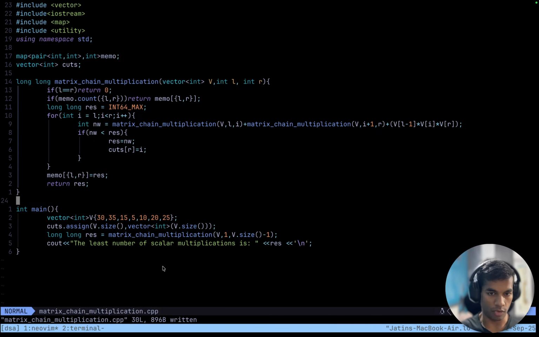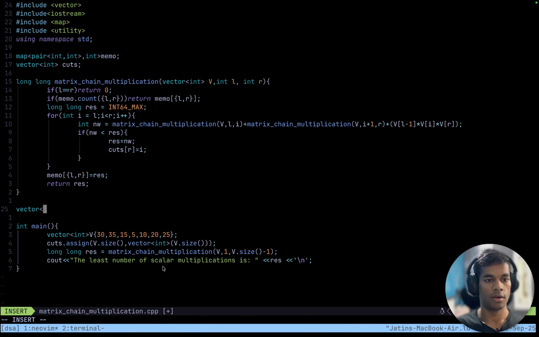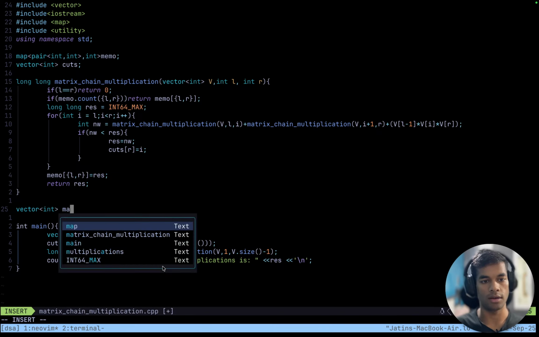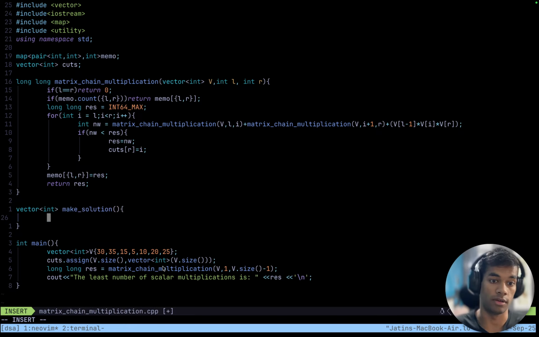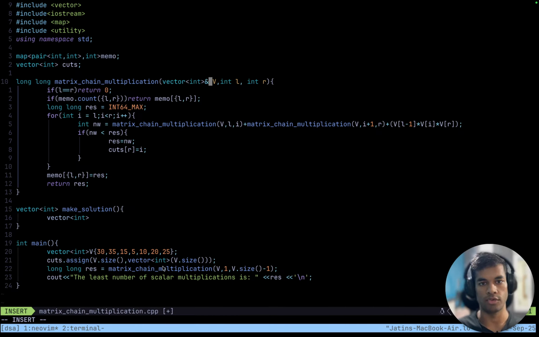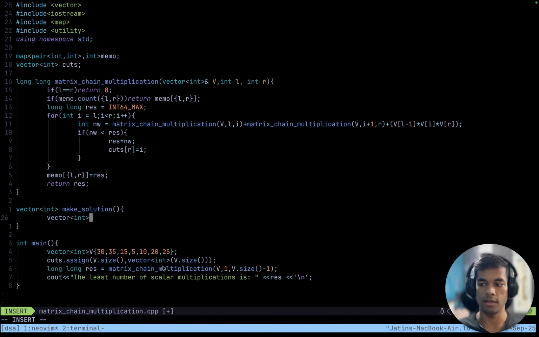So when we have this information, we would like a function which returns the vector, and let's call it make solution. We should make this a reference. It will internally create a vector, and the size of the vector, what is it going to be?